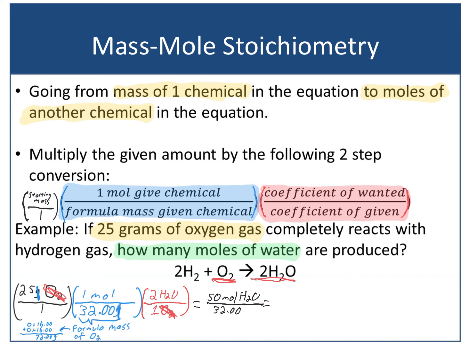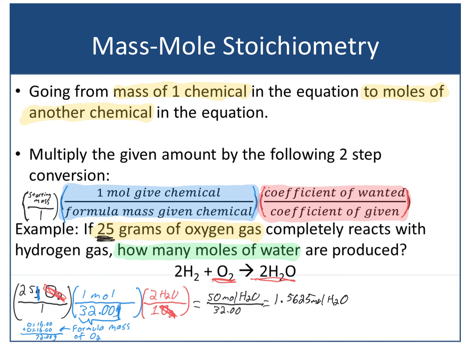Get out a handy dandy calculating device. 50 divided by 32 is 1.625 moles of water.